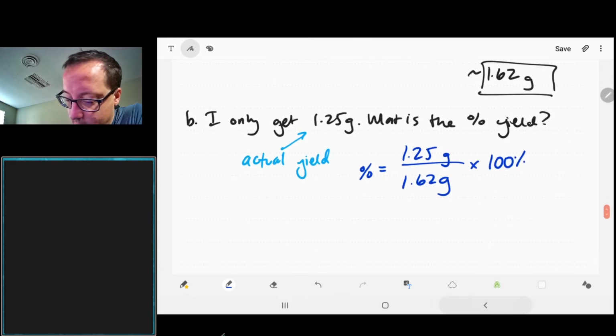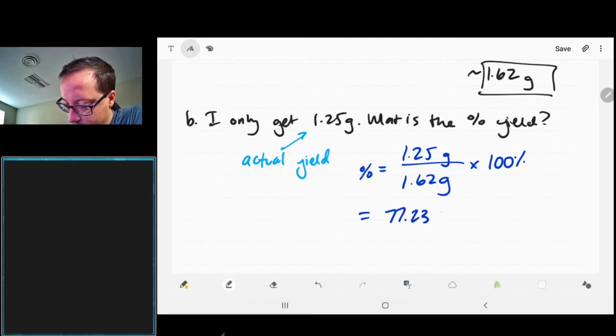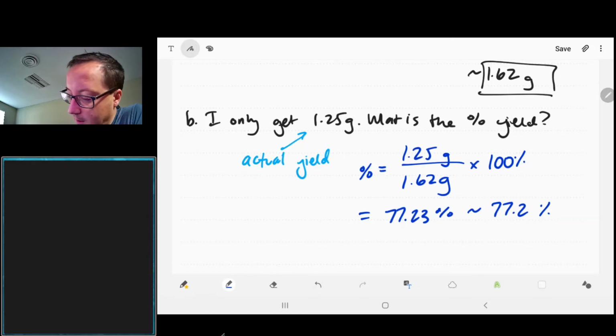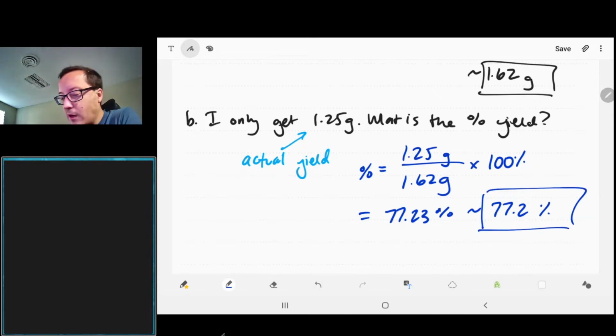It's a percent. So let's take our 1.25 divided by whatever we just calculated. And you get 77.23%, or it looks like with 3 sig figs, 77.2%. And so that would be our reaction percent yield that we'll get from this reaction.